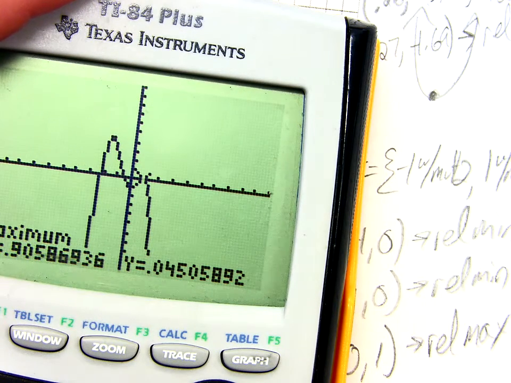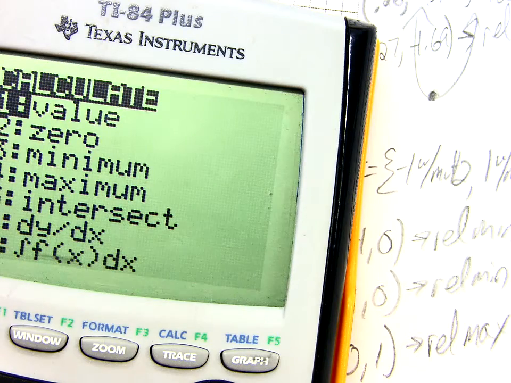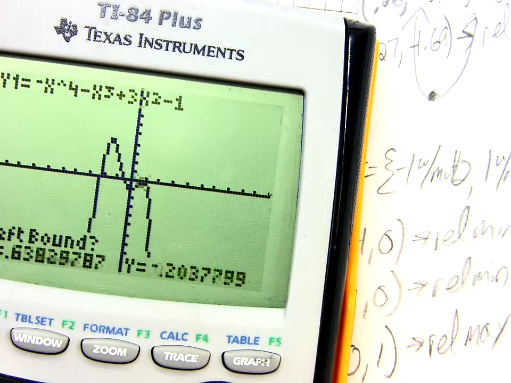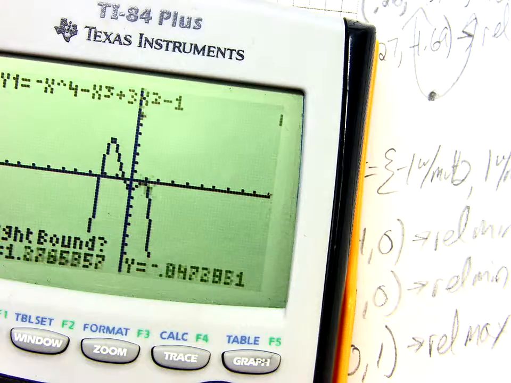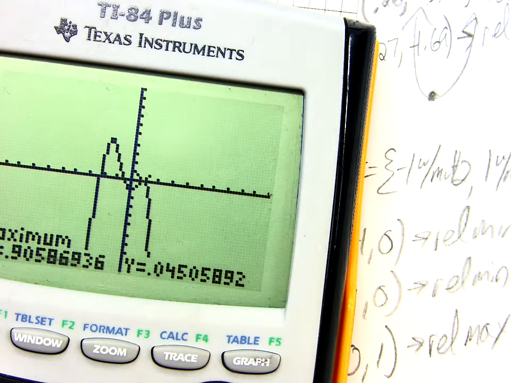Wait, isn't the max one of them the same as 0? Yes, it should be. Huh. Oh.